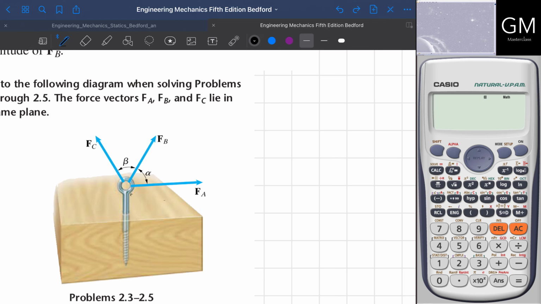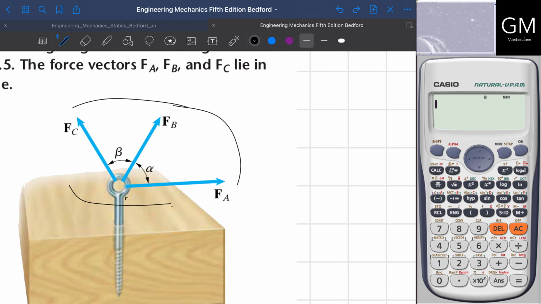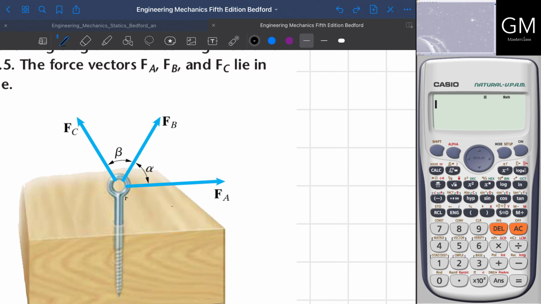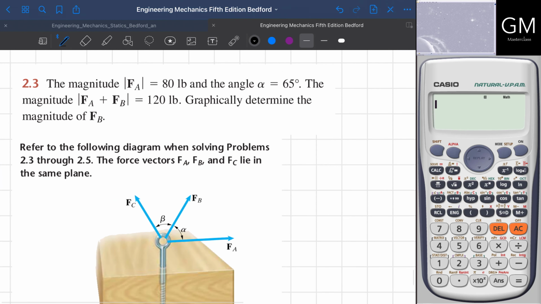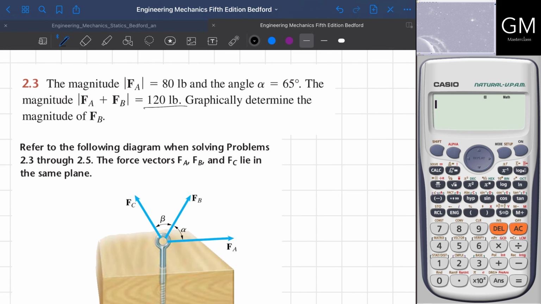If you are in a test, doing something against the clock, then you have to be fast. So the faster way to do this is to use the diagram that the problem gives you. Okay, so this is telling me that the magnitude of FA plus FB is equal to 120.